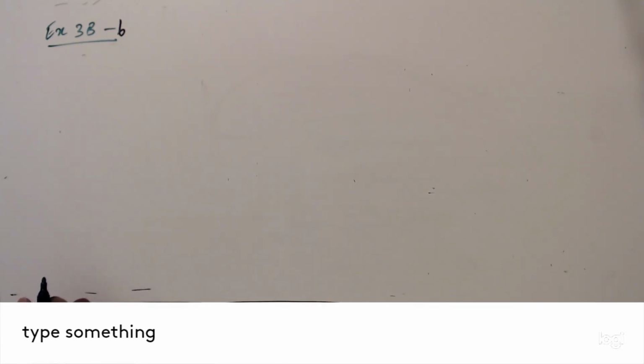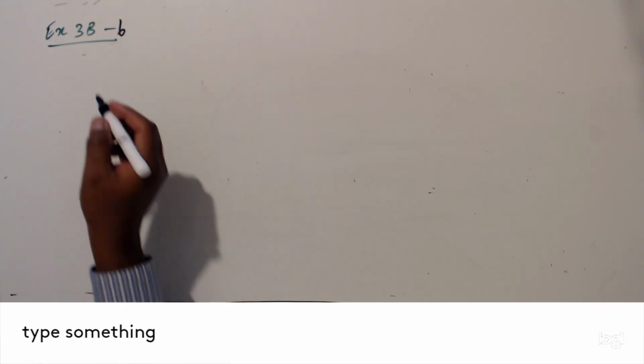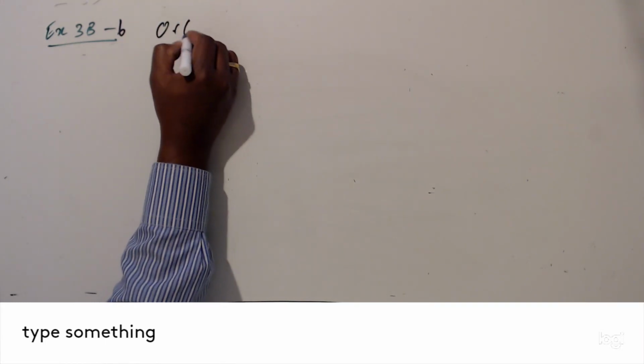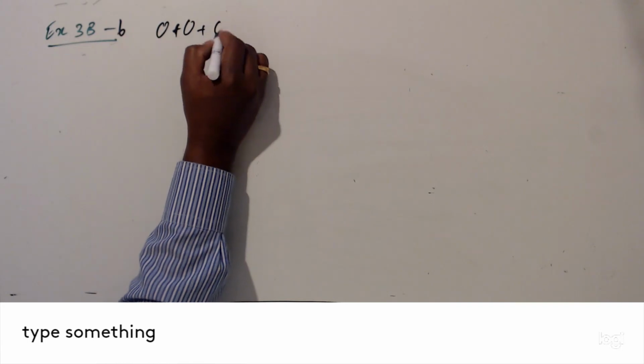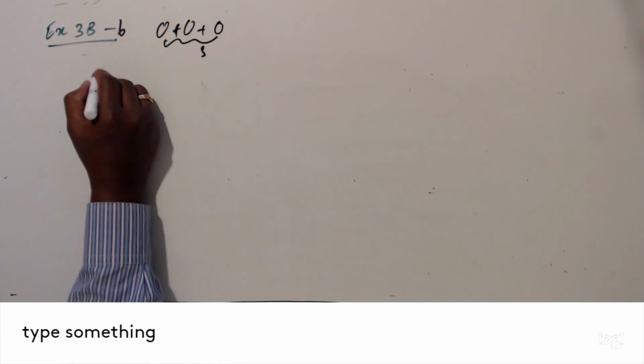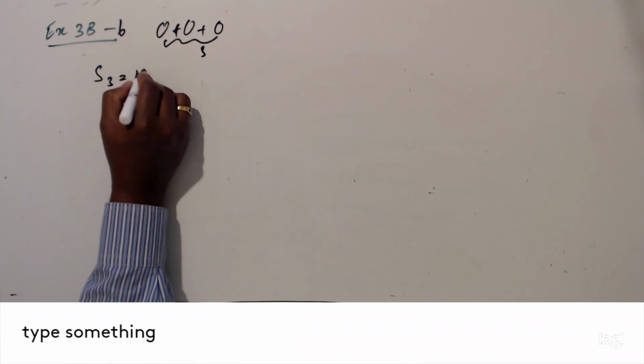Question number 6. The sum of the first three terms of the arithmetic series is 12. It means S3 is given as 12.